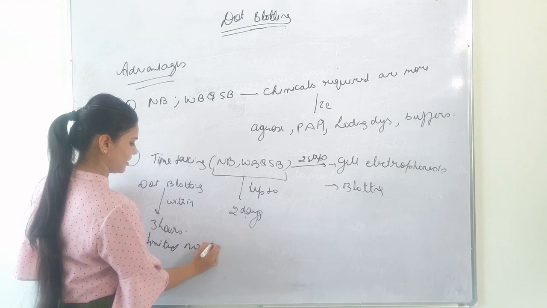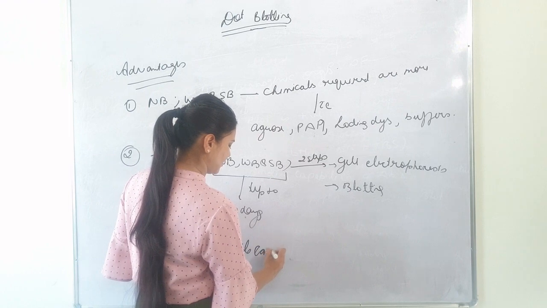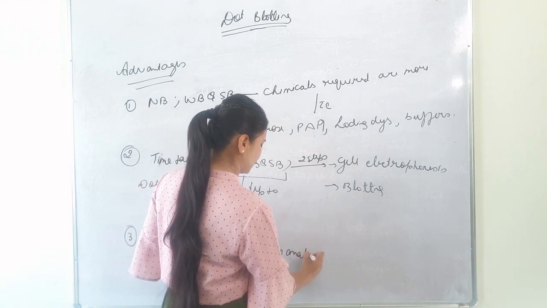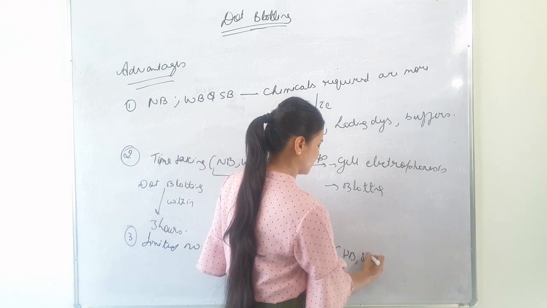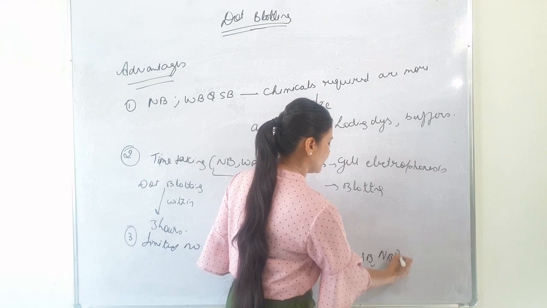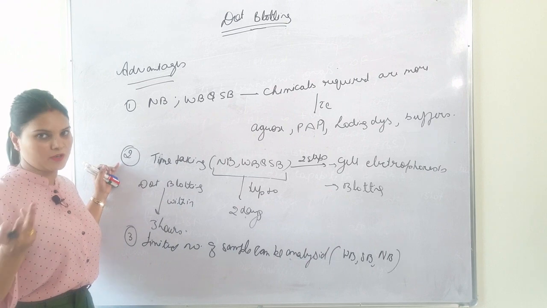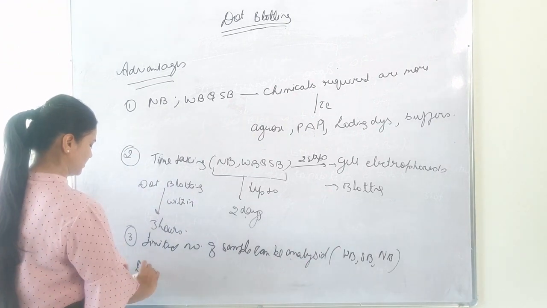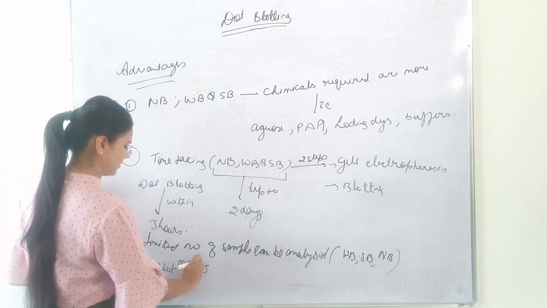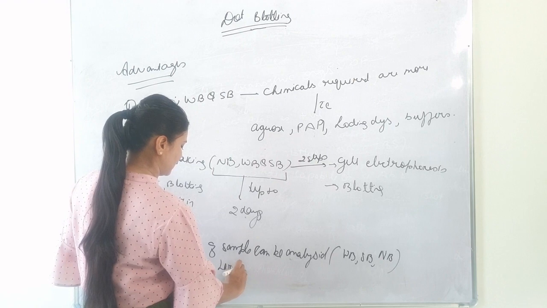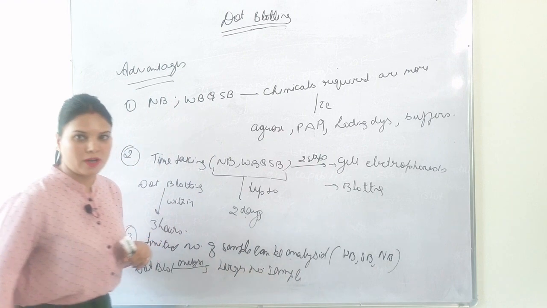A limited number of samples can be analyzed in the rest of the 3 blotting techniques: western blotting, southern blotting and northern blotting, whereas dot blot can analyze a large number of samples in one go.